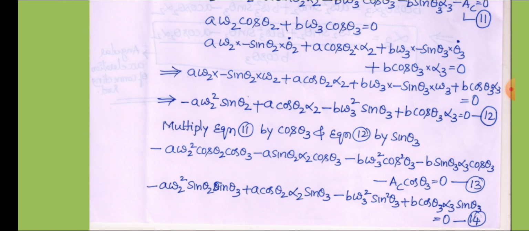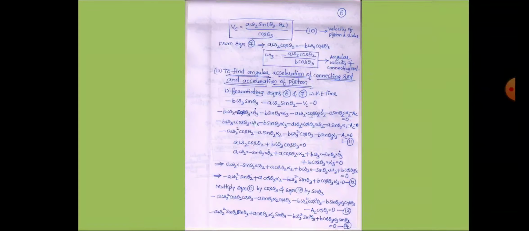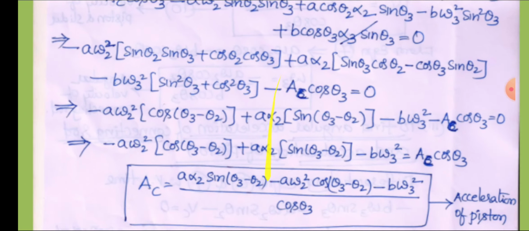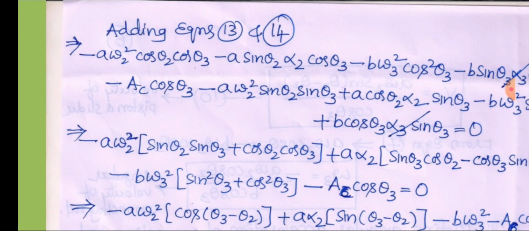So if I multiply both sides of equation 11, I am going to get equation 13. And if I multiply both sides of equation 12 with sin theta 3, I am going to get equation number 14. Now solve the equations. Now to solve equations 13 and 14, you must add.